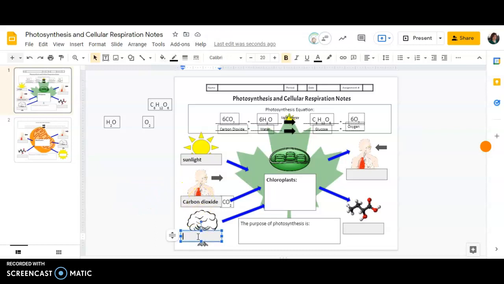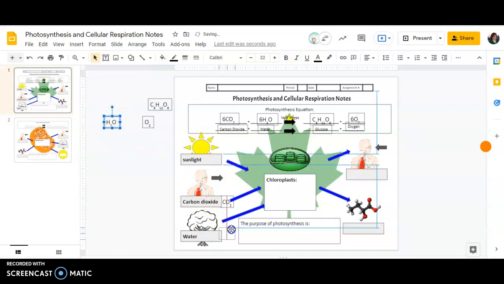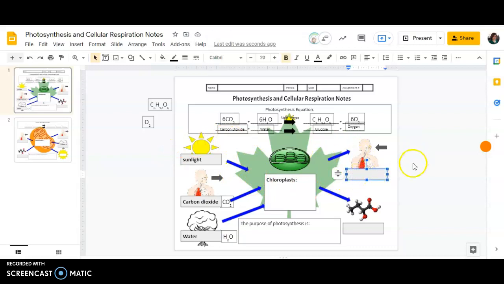This is going to be water, which the plant is absorbing from the ground. All right, so there we have that. And then leaving, we have the oxygen that is going to leave the plant through the pore.